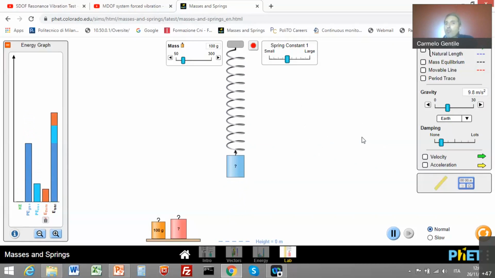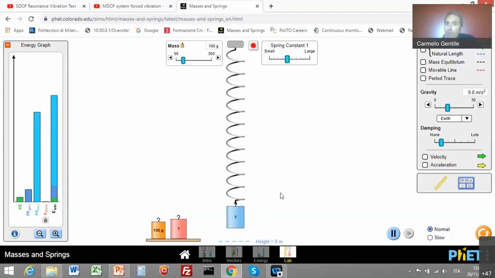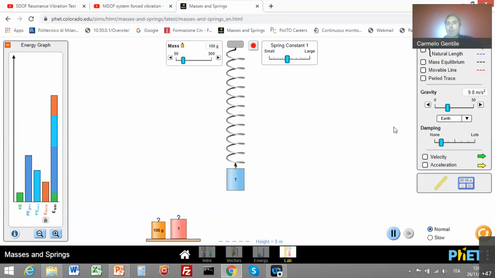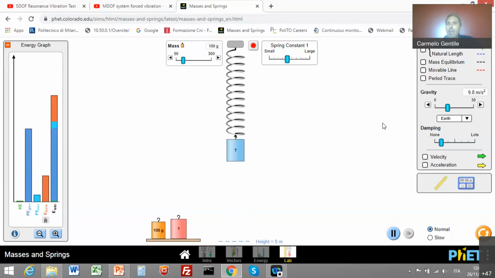The motion is decreasing quite slowly. The frequency of the motion is more or less the same, but now the system stops. I move it from the equilibrium position, and cycle after cycle, the amplitude of the motion is decreasing.